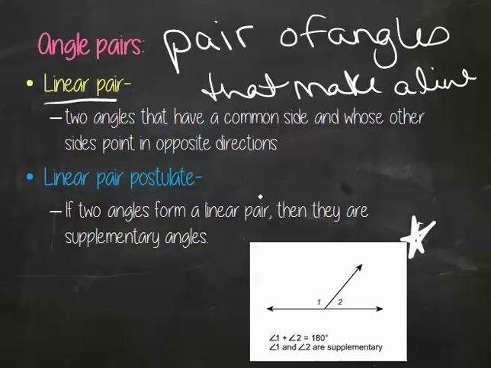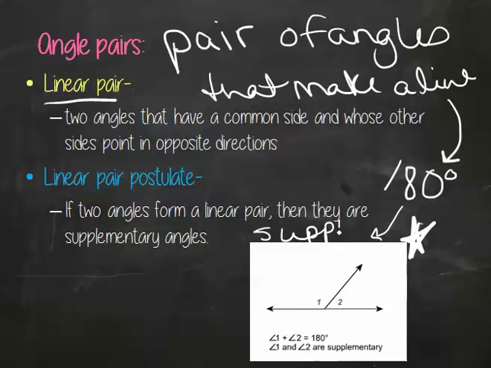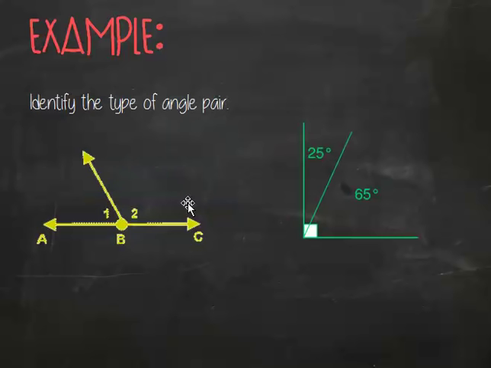Then we know from some of our previous lessons that a line is 180 degrees, and from the previous slide that 180 degrees is supplementary. So we see how they all connect with each other. Here's our linear pair postulate: if two angles form a linear pair, then they are supplementary angles. We're going to use that in proofs later on in the future.